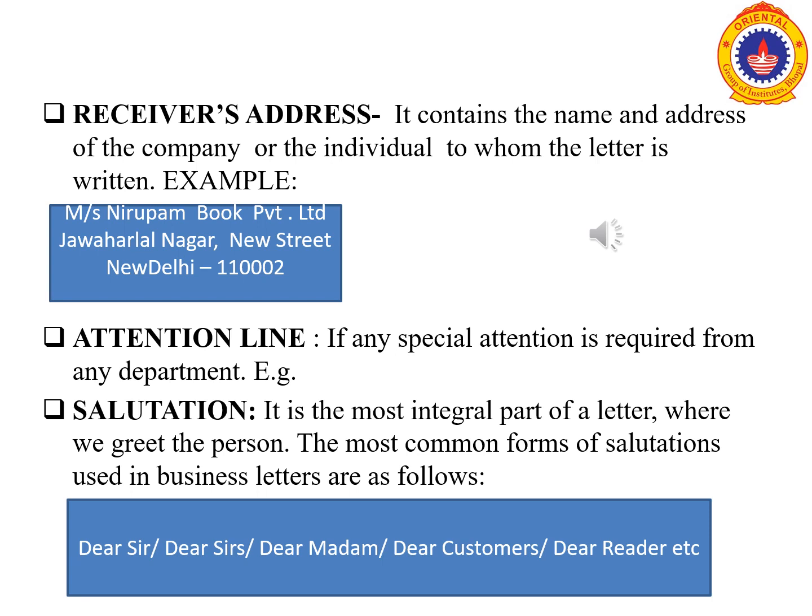I have shown you here the way of writing. Everything should be in left alignment. Then comes the attention line. Sometimes if any special attention is required from any particular department, it is used on the left side of the letter.